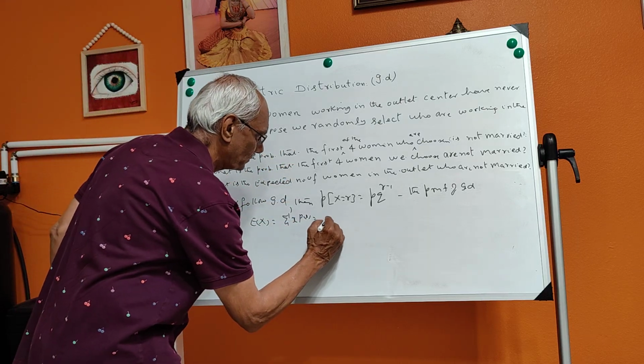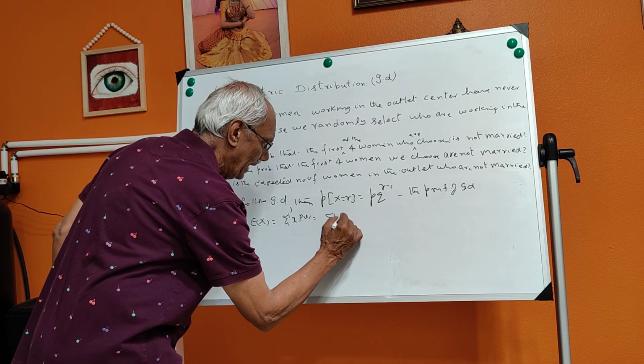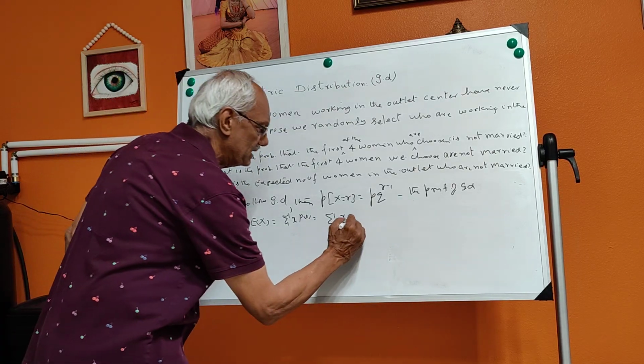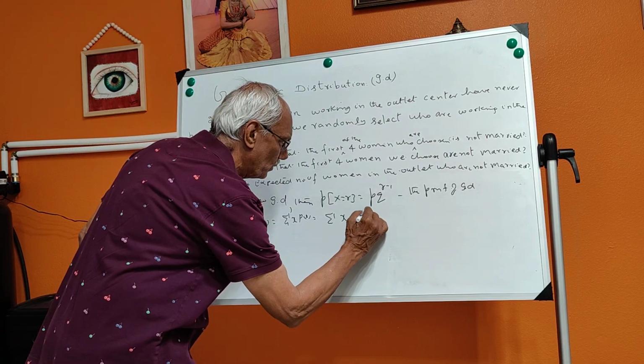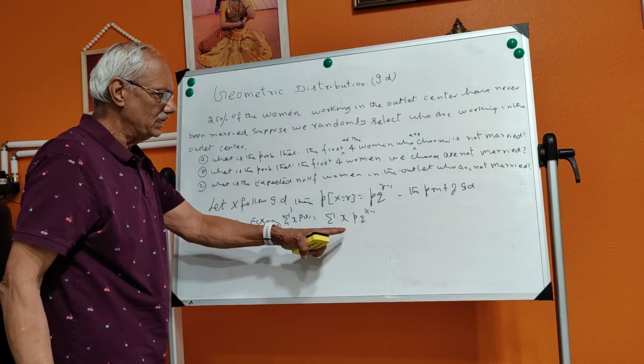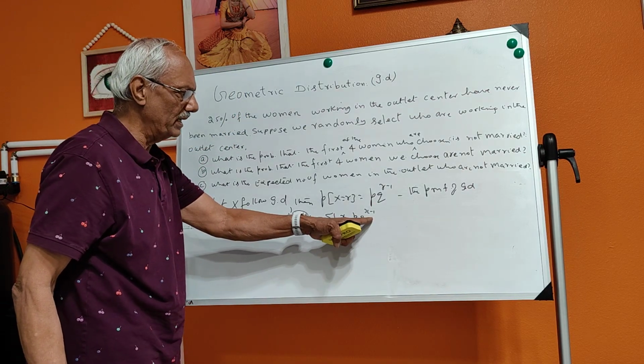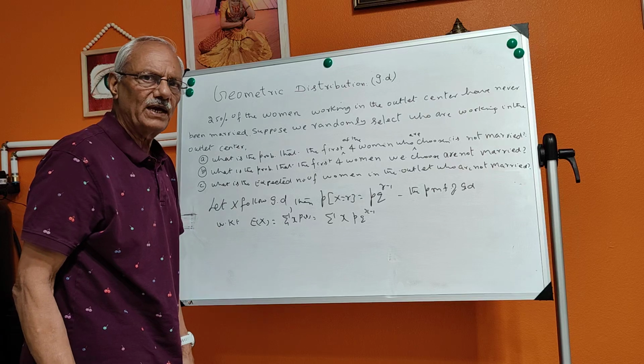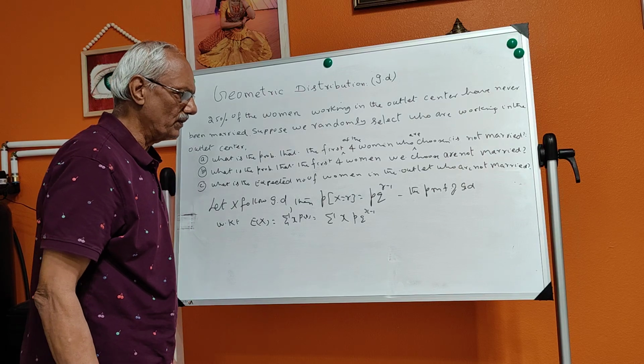So this is equal to the sum of x into p into q to the power of x minus 1.